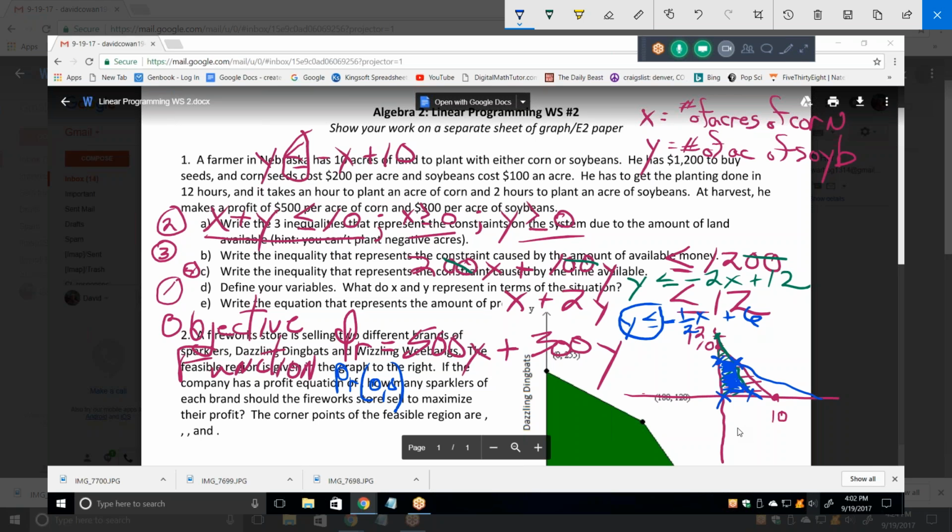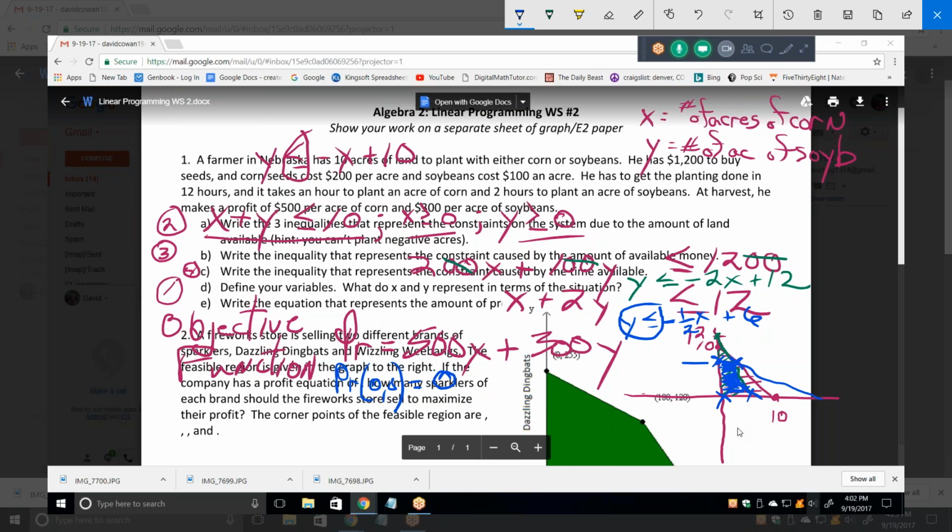Always, whatever the coordinates are on these 4 vertices, you plug into the profit equation. What kind of profit do you get when you don't produce anything? Nothing. So that's that profit.